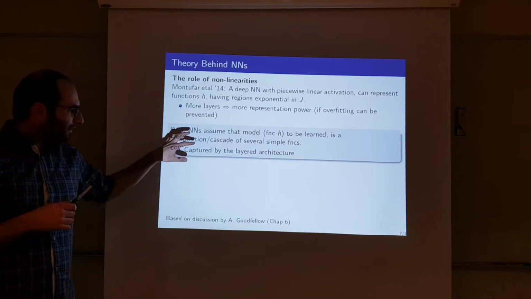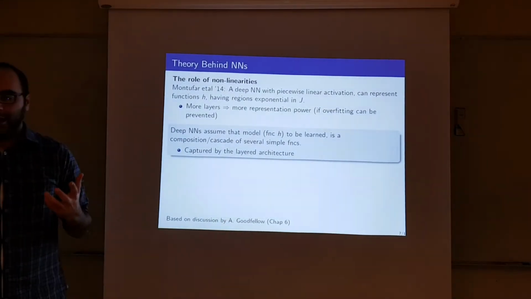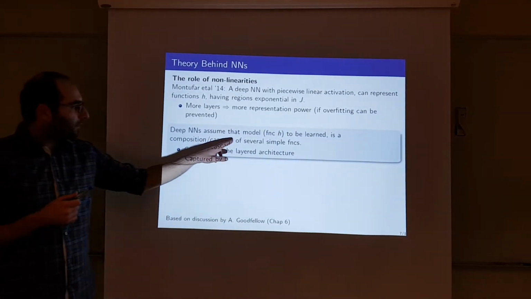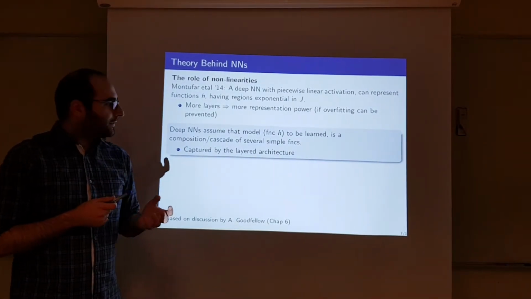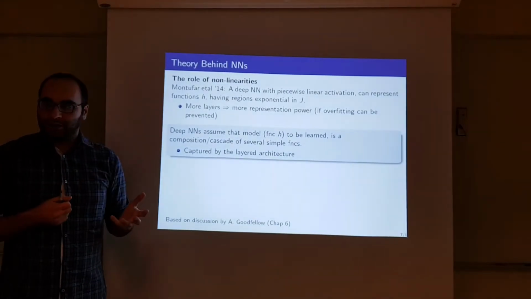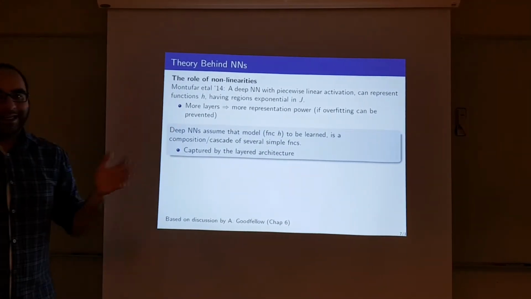Right, and there's a nice insight by this guy actually. He was talking about the fact that the motivation for deep neural networks is to assume that this function that we are trying to learn is a composition and a cascade of several simpler functions. And this is what we're trying to capture with this cascade of filters.